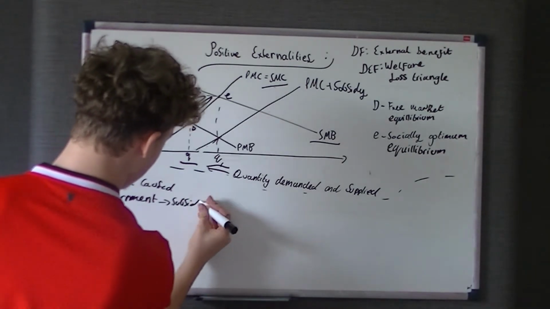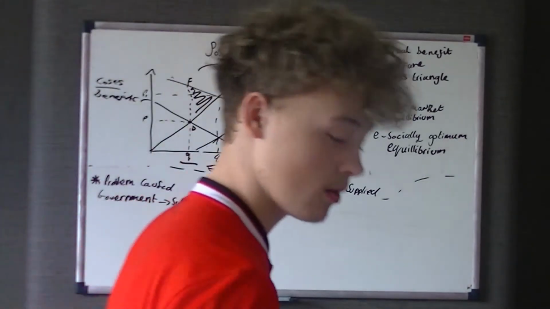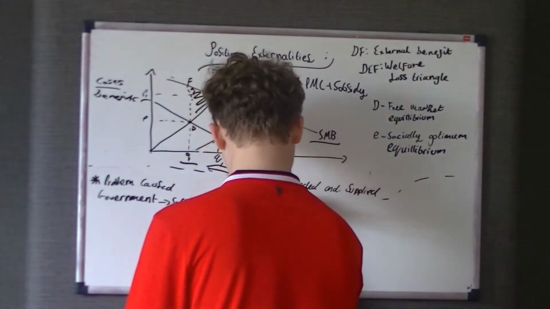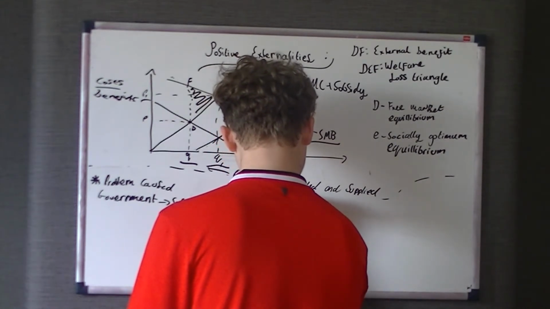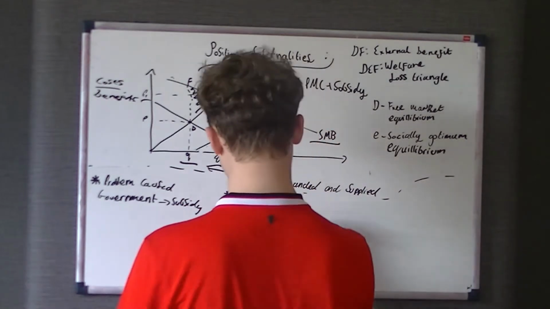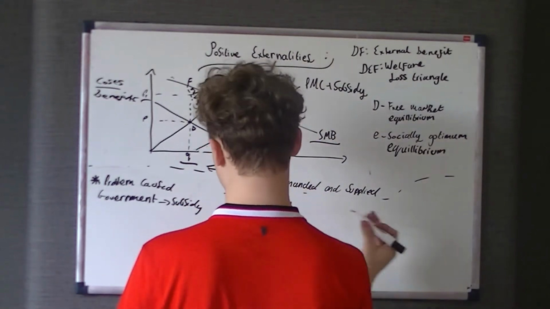Subsidy. And then next paragraph, you define what a subsidy is. Define subsidy. I'll go through this. You define the subsidy, you sort of label its intention and how it does that.